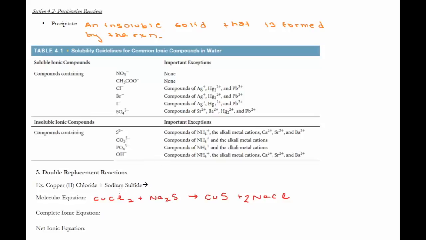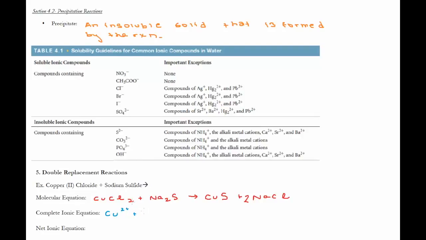The next thing that you need to do is break apart into ions anything that is soluble. So if you look at chlorides, your solubility guidelines tell you that all chlorides are soluble except for silver, mercury, or lead. Well, this is not silver, mercury, or lead, so I know this is going to be soluble, so it's going to be copper with a 2+ charge.